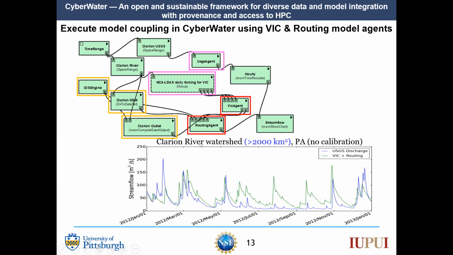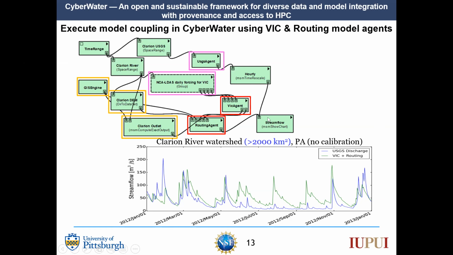So here is this workflow, and by executing this workflow, you will obtain the model simulated stream flow from the routing model. With that model simulated stream flow, you can compare it with the observed stream flow, which is brought into the system by using our USGS data agent.